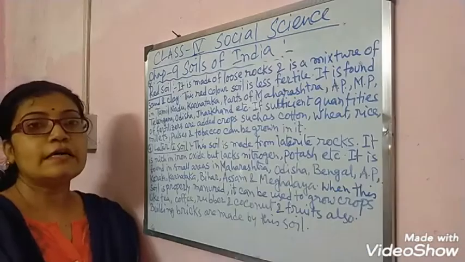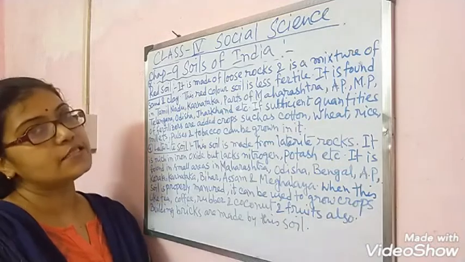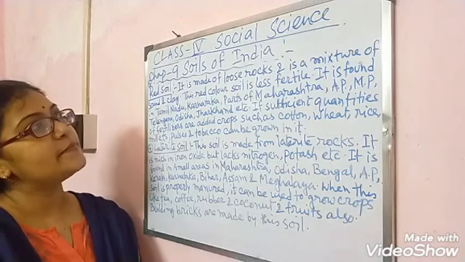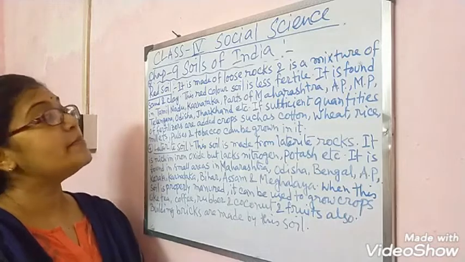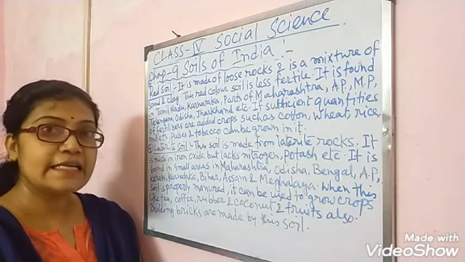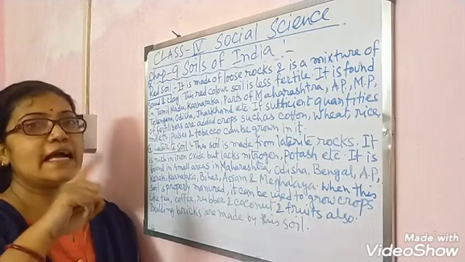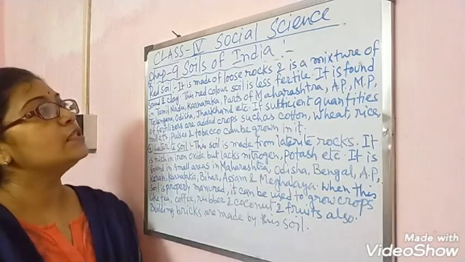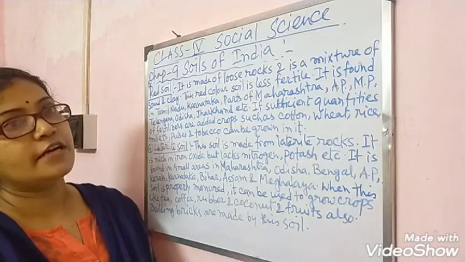Now come to the next soil, that is red soil. Red soil is made of loose rocks and is a mixture of sand and clay. This red colored soil is less fertile.